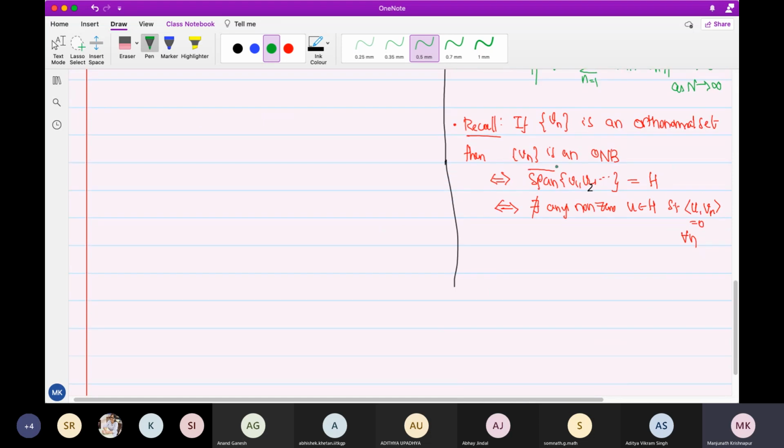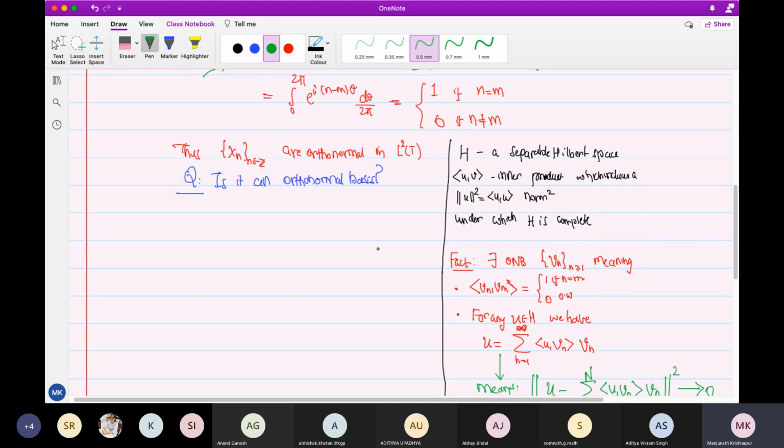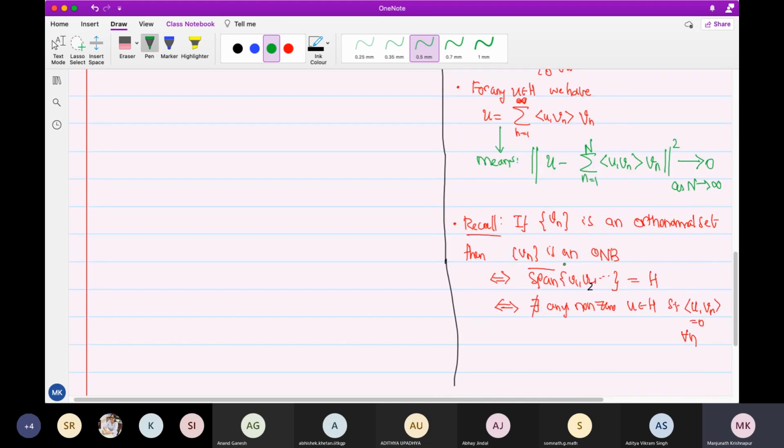If you want to show that the answer is yes, you have to show either that every function can be approximated by these functions in L2. That's what it means. Span closure is H means that finite linear combinations of these v_i's can be used to approximate any vector in H.